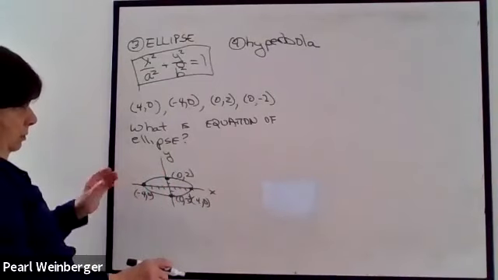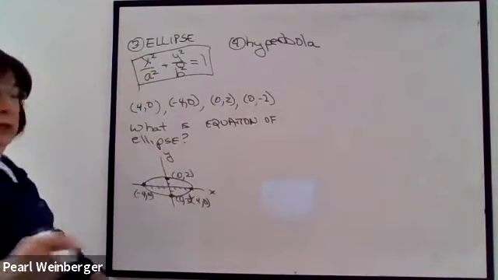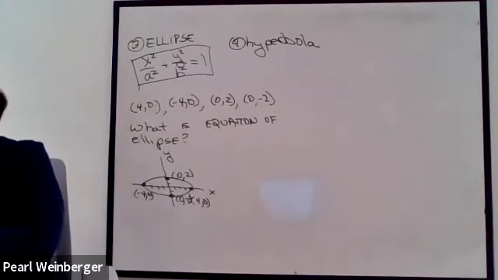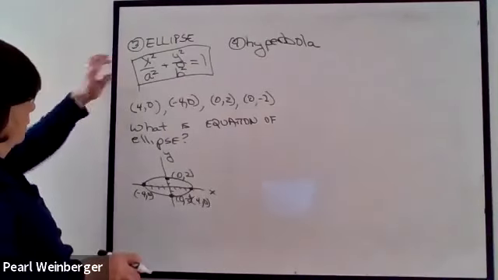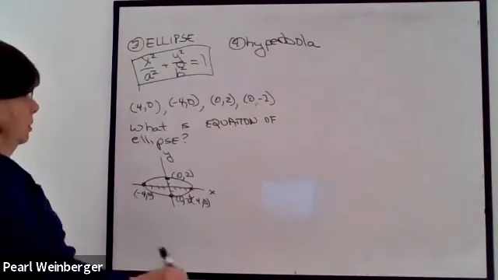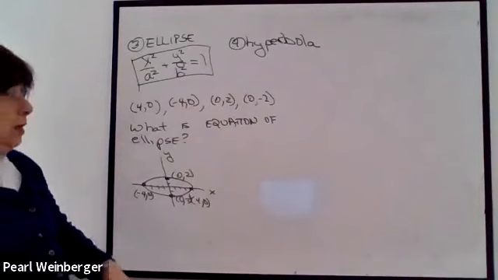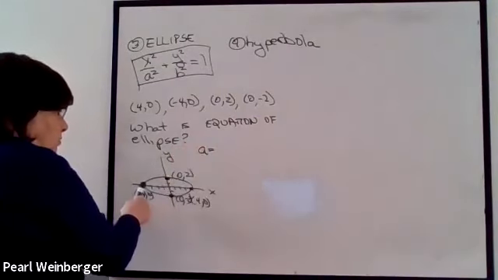Well, we know that the standard equation of an ellipse is x squared over a squared plus y squared over b squared equals 1. So really all we have to figure out is the a and the b. Now remember, the a is the x-intercepts.